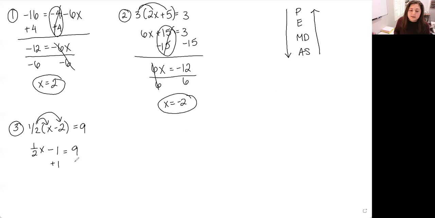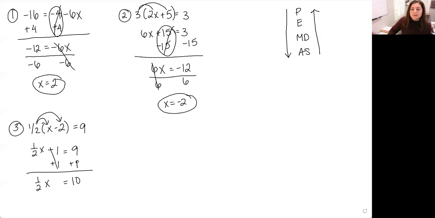Again, I'm going to ask myself, do I have any addition or subtraction? Yes, I do. I'm going to add 1 to both sides. Creating that zero pair, then means I'm going to have 10. Half of x is 10. So when I say half of x, that's actually 1/2 times x. If I take a look, the opposite of multiplication is division.